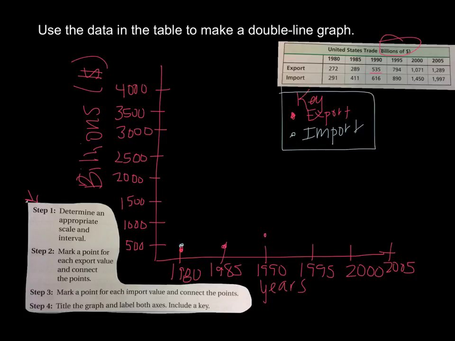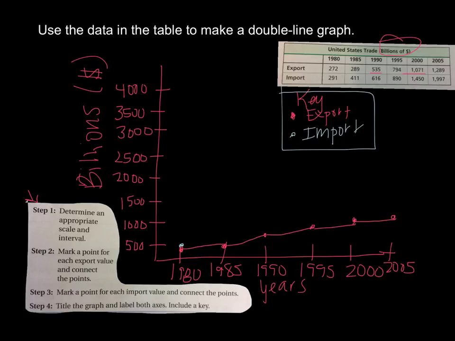Now we're seeing some growth. I can connect my points too. 1995 was 794. So some more growth. 1071. And then 1200.